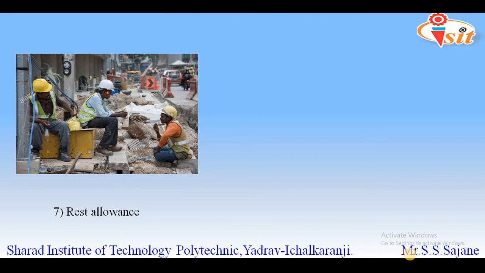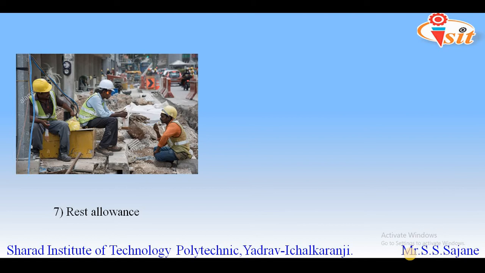As the worker cannot work continuously just like a machine, it is necessary that some kind of rest allowance or personal allowance is provided to the workers so that his personal requirements can be satisfied, such as drinking water or time required for taking tea or using the washroom facilities.